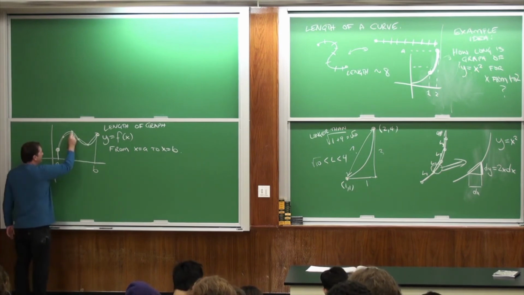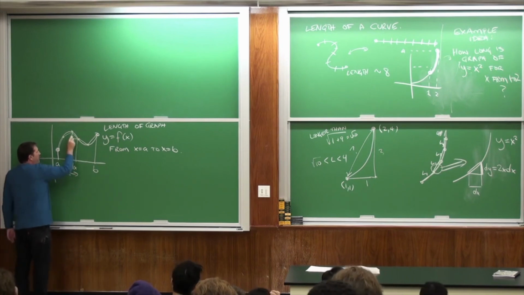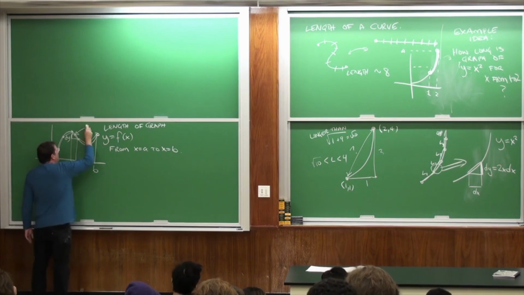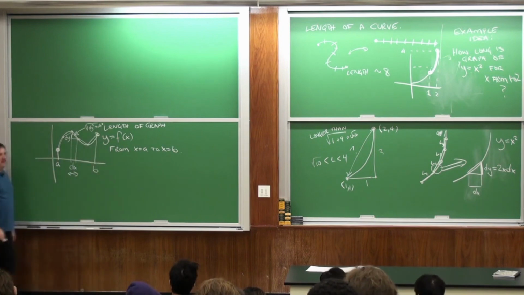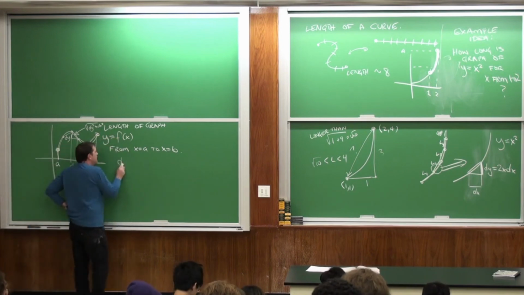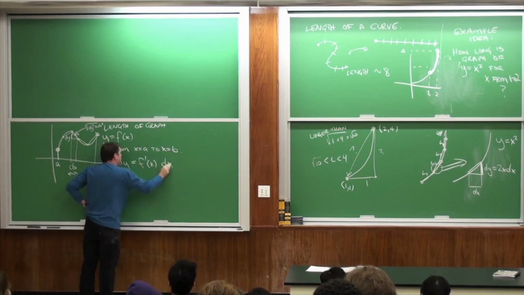If I have a little segment of width dx, then the height of that triangle will be dy, and so the length of that little segment will be the square root of dy squared plus dx squared, which, because it's the graph of y equals f of x, means that dy is f prime of x dx.